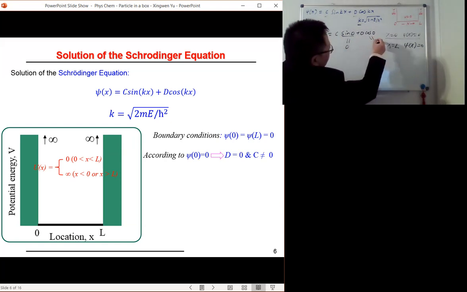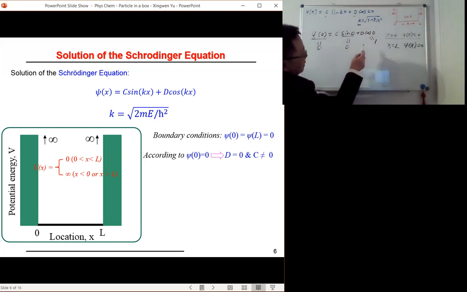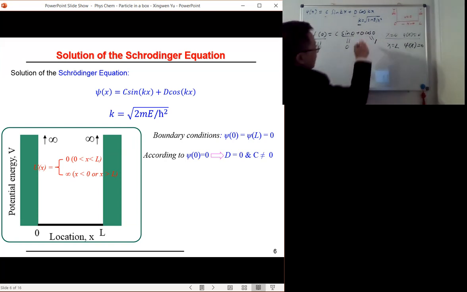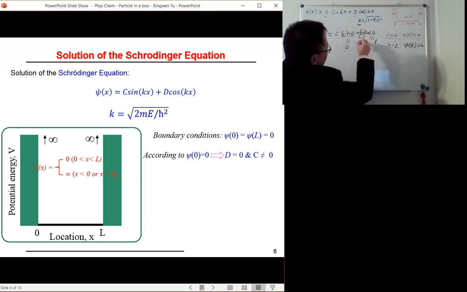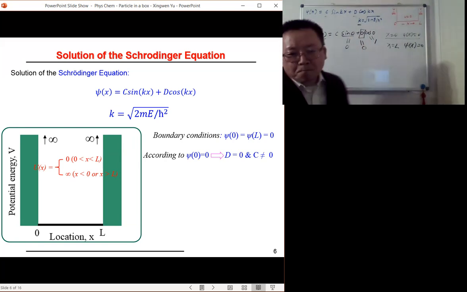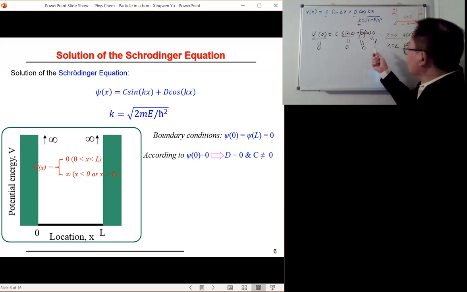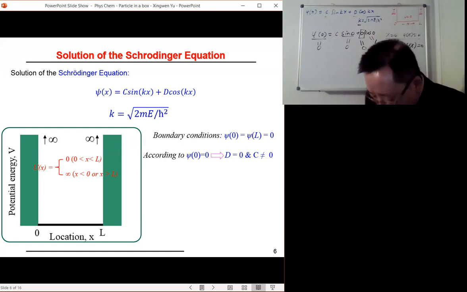Cosine 0 is 1, right? To balance this equation, D must be 0.